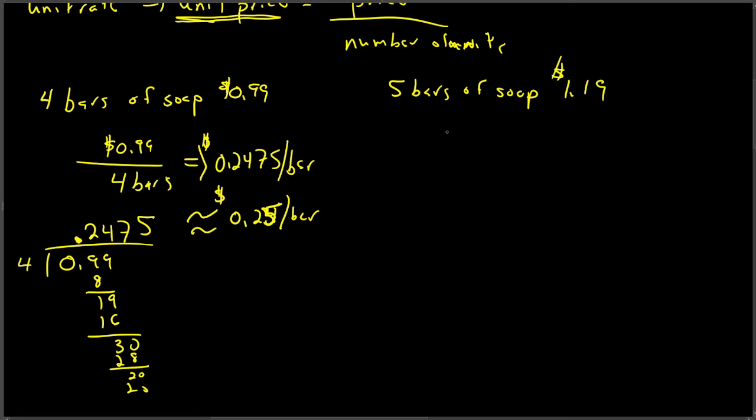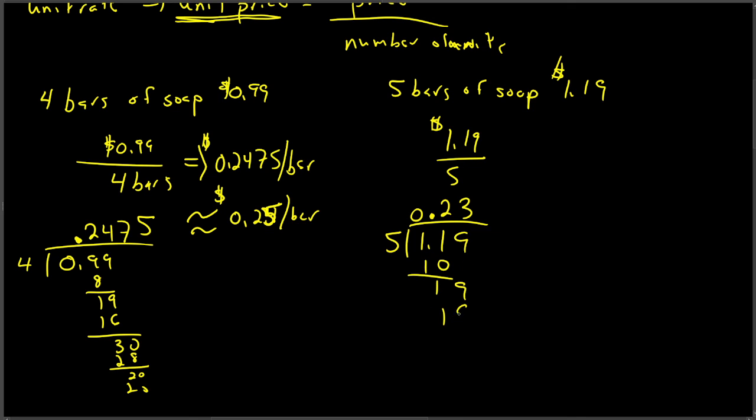If I do my unit price over here, and again, I'll do this as a division. So 5 goes into 11 twice. 5 goes into 19 3 times. And 5 goes into 49 8 times.